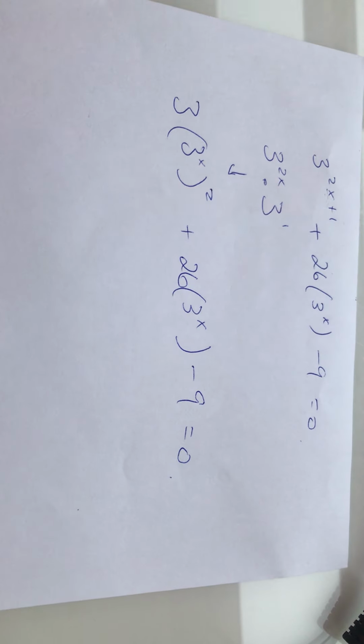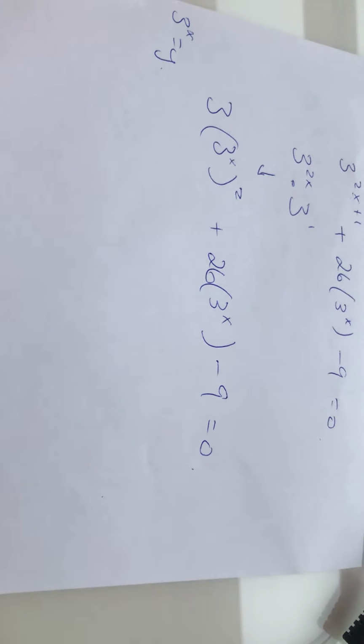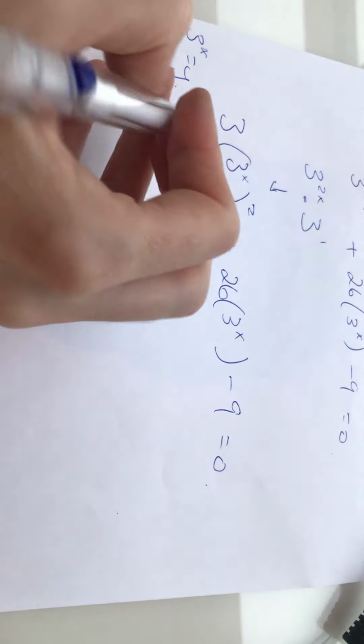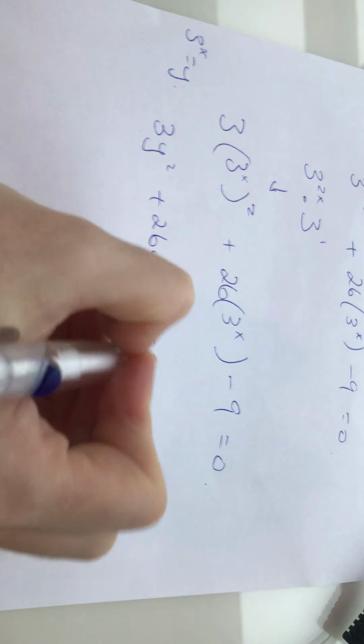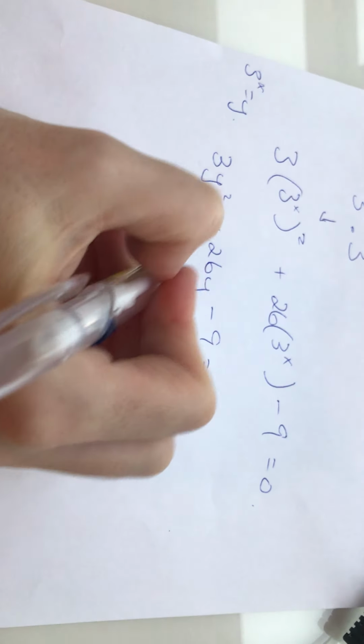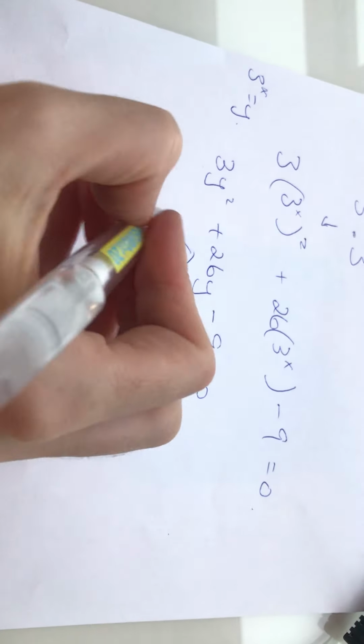I'm telling them now that I'm going to replace 3 to the power of x with a y. I'm going to sub it in, and then in a few minutes I'll sub it back out. So that's 3y squared plus 26y minus 9 equals 0. Again, off you go and split it out, or whatever way you do it, whether it's the box method.